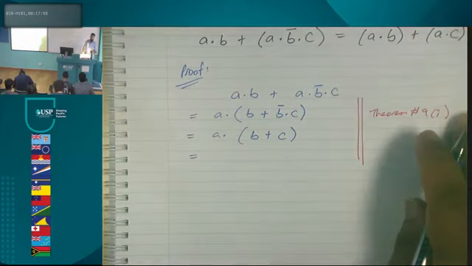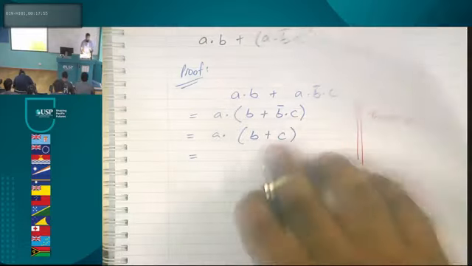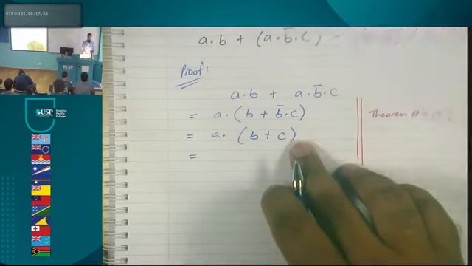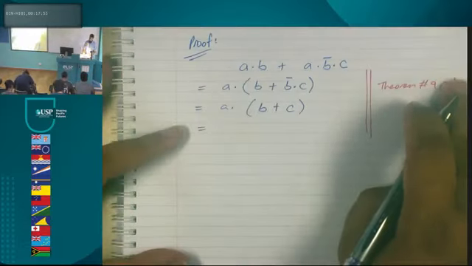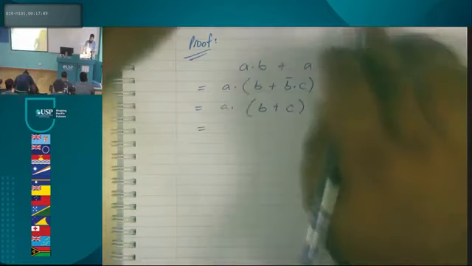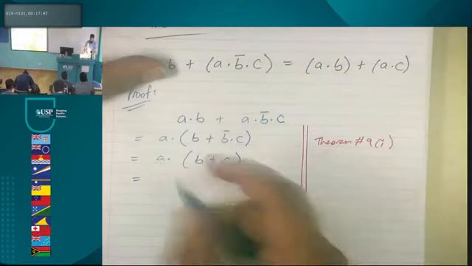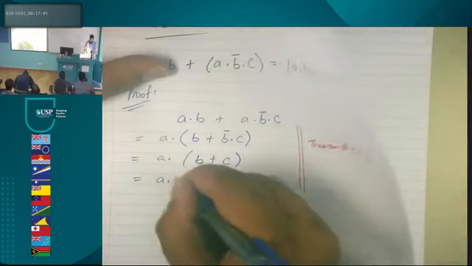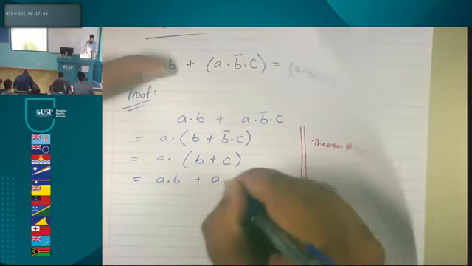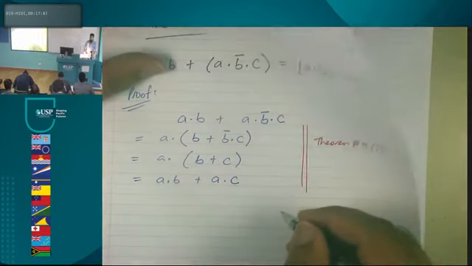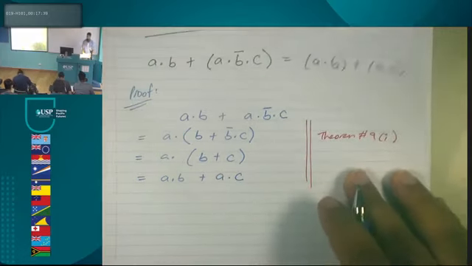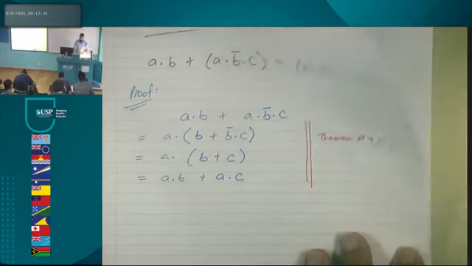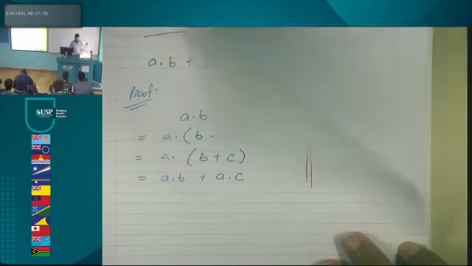I've used one of my earlier theorems, theorem 9, number 1, to go from there to here. Now, because our proof wanted it in this particular fashion, we just say A and B, or A and C.